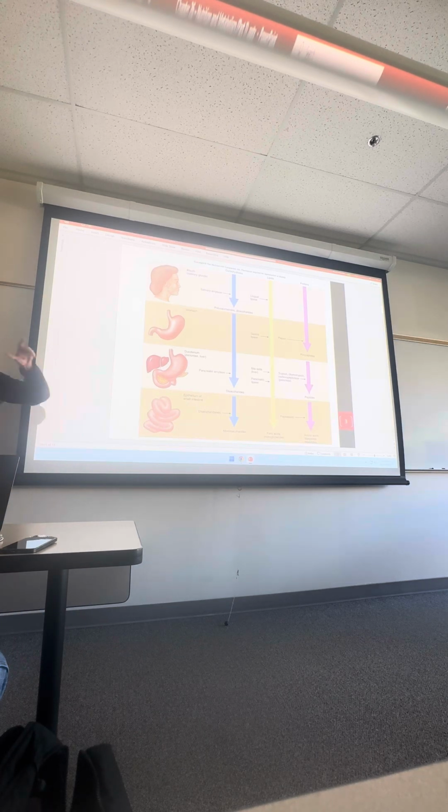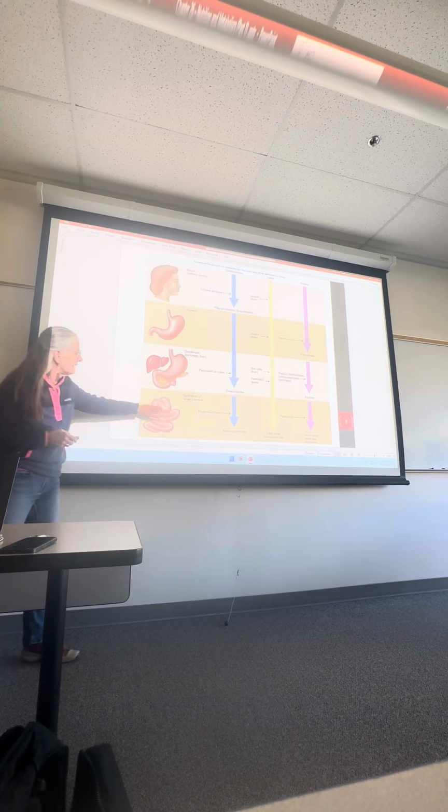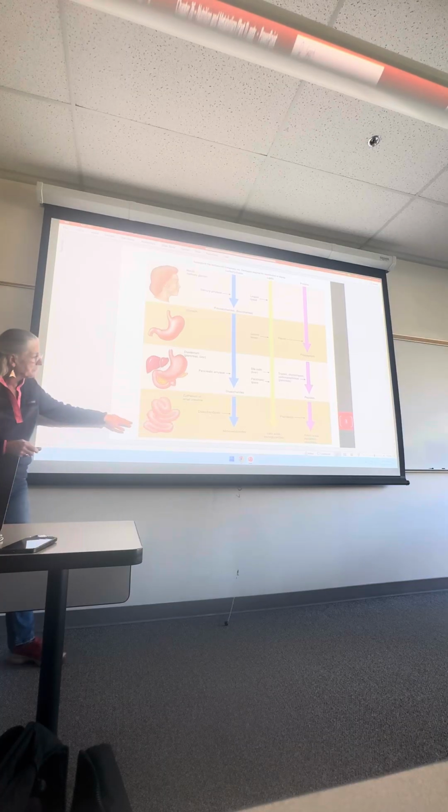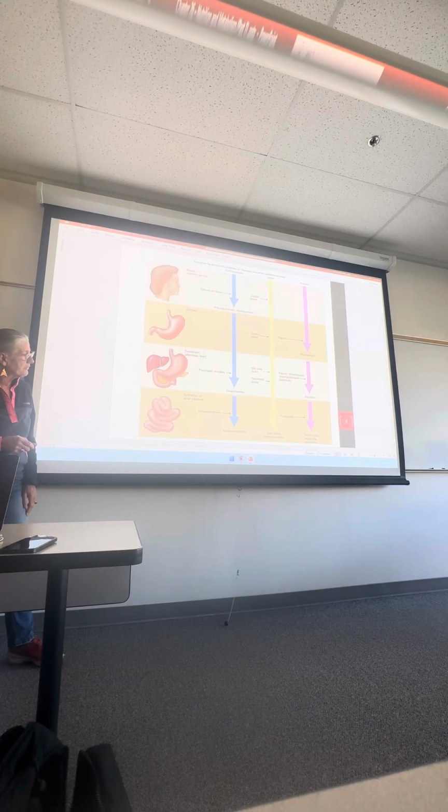Glucose is a monosaccharide, but sucrose and lactose are disaccharides. We produce the peptides from the exposure to these pancreatic proteases. And then in the small intestine, we produce our monosaccharides, our fatty acids, and our amino acids.